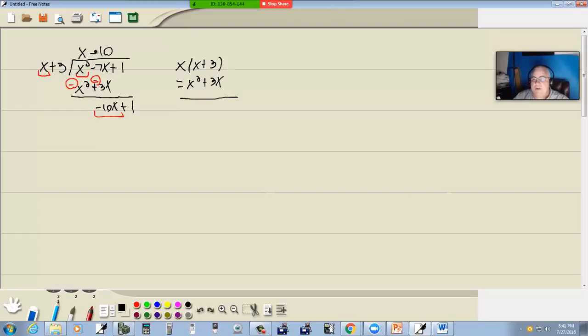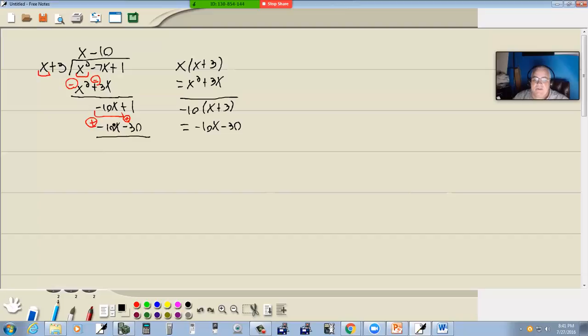Now whatever we put up on top, we're going to multiply by what's out in front. So take negative 10 times x plus 3, which gives us negative 10x minus 30. Now we're going to subtract that line, which means flip signs. So this negative becomes positive, this negative 30 becomes positive.